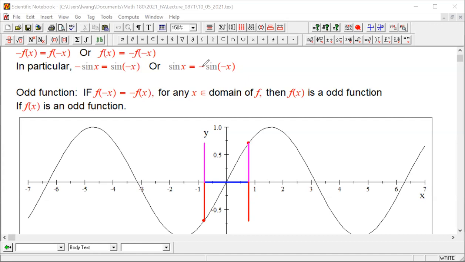So now we can mark this as x. This is a negative x. And if this piece is x, that piece is going to be sine x.